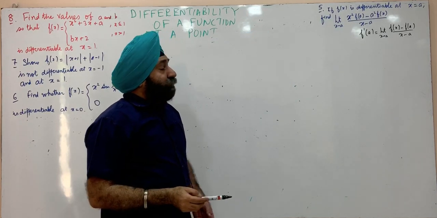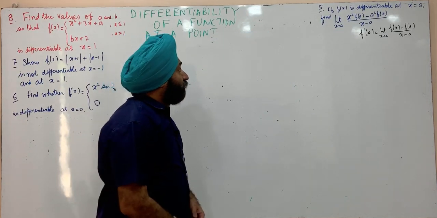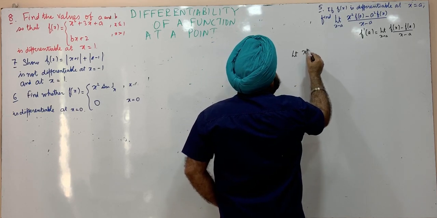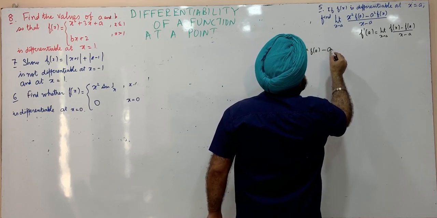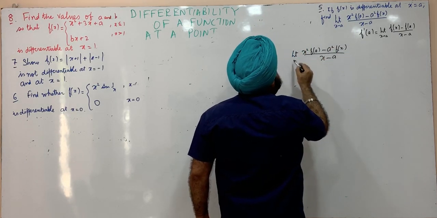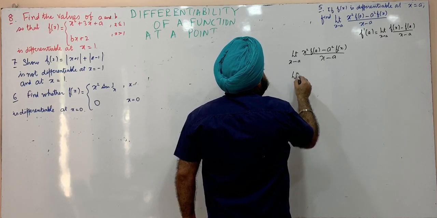So since f of x is differentiable, this relation will be used. Okay, we write this as x square f of a minus a square f of x upon x minus a as x approaches a.